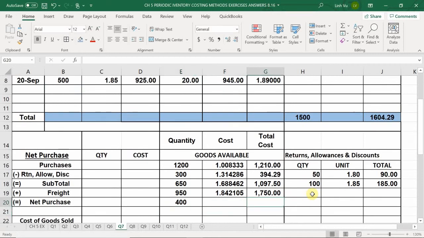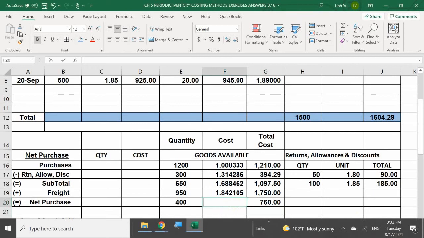Okay. And because I end up returning 100 of them, right? I'm no longer charged $945. Okay? Because I got a refund for $185. So therefore, I should be charged $760. Okay? So once again, new quantity, new cost. All right?